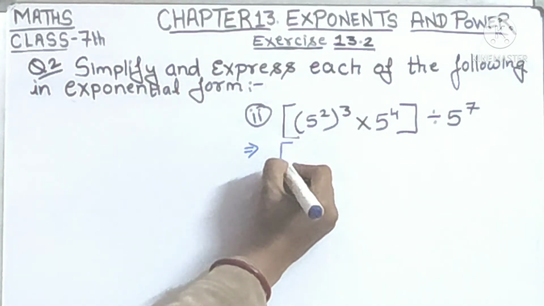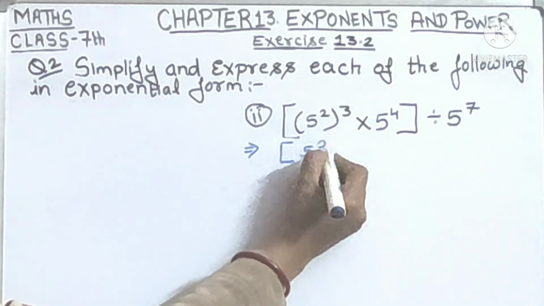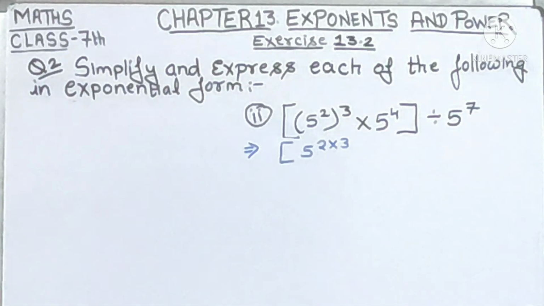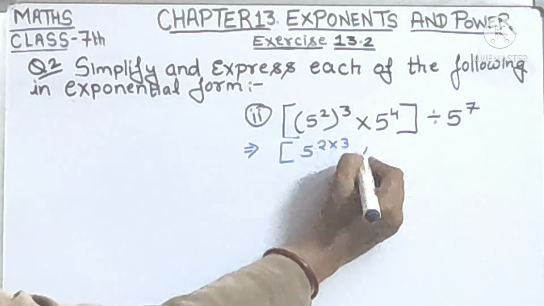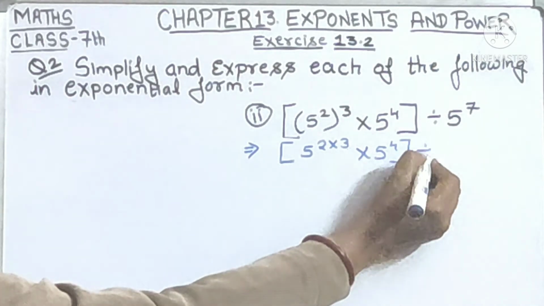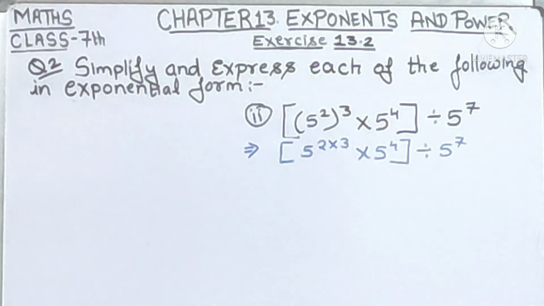So the base 5 is put as it is, and these powers will be multiplied, 2 into 3. Clear? Into 5 raised to the power 4, bracket close, divided by 5 raised to the power 7.